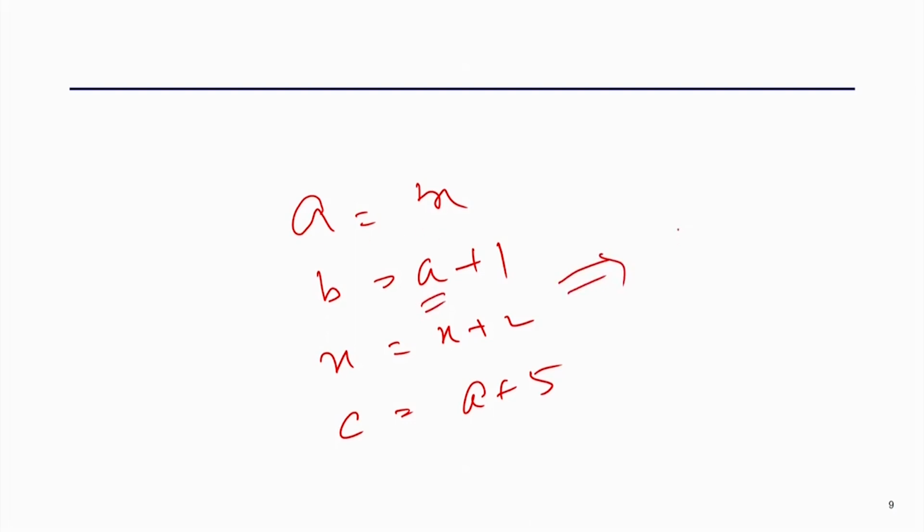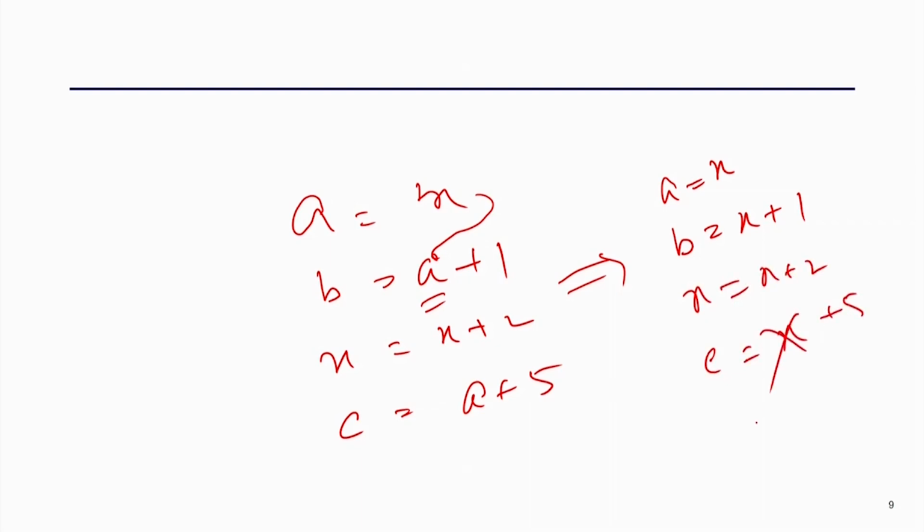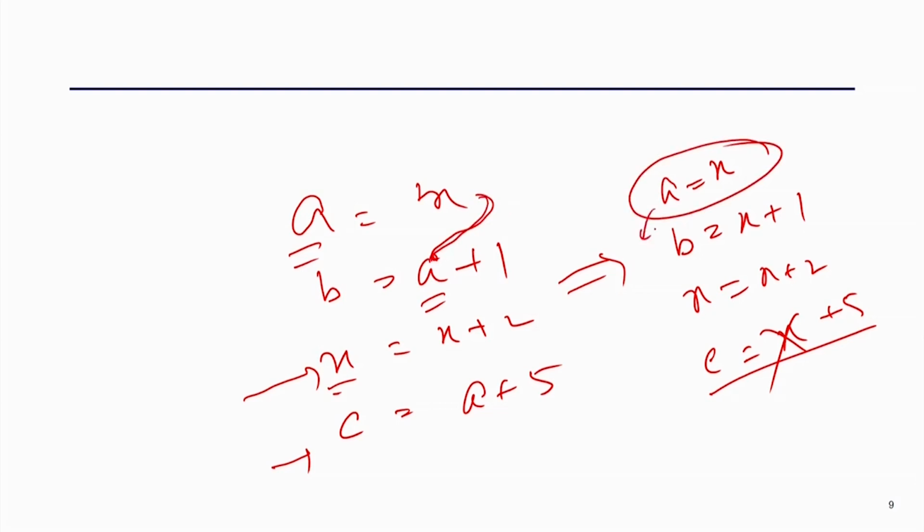So I can write a equal to x, then b equal to x plus 1. This is copy propagation. But since x has now become x plus 2, I cannot use x here. This is not allowed, because this x and this a are not the same, as the value of x is modified. So I cannot just remove this operation; it is not dead code. I can always do copy propagation, but I should avoid replacing this a by x.